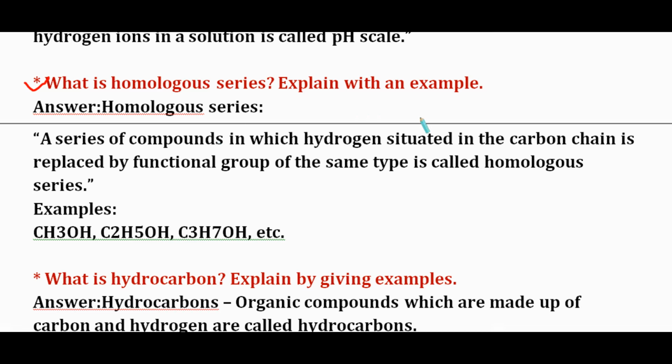Explain with an example. Now see the homologous series. A series of compounds in which hydrogen situated in the carbon chain is replaced by a functional group of the same type is called homologous series.